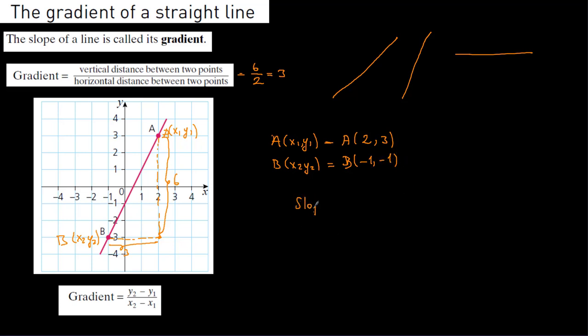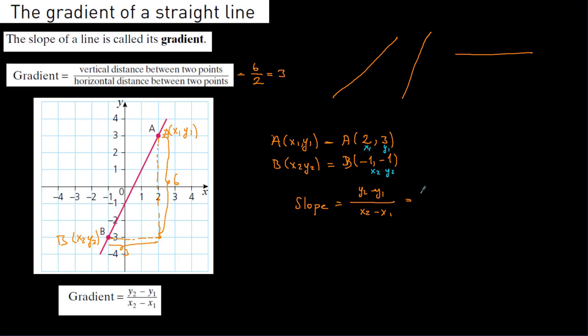Slope or gradient is equal to y2 minus y1 over x2 minus x1. Here this is x1 y1, this is x2 y2.